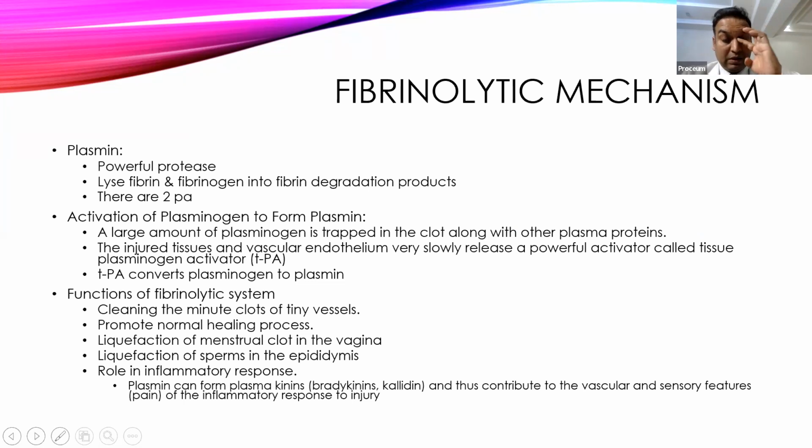So one is plasmin. Plasmin is a strong protease enzyme, which lyses the fibrin and fibrinogen into small fragments. Those fragments are called fibrin degradation products. The other is tissue plasminogen activator, TPA.